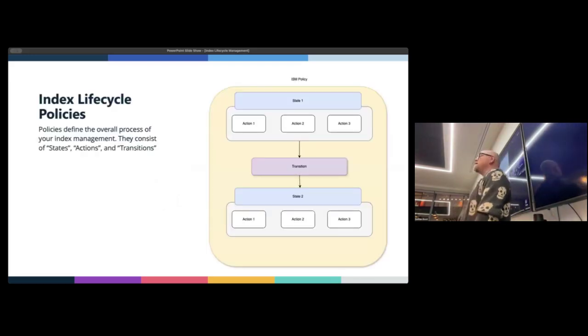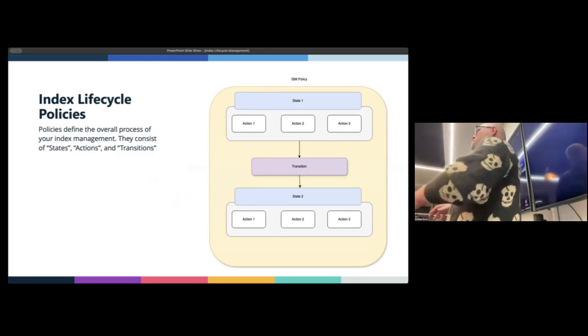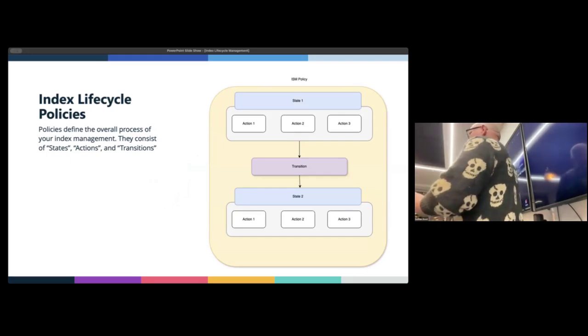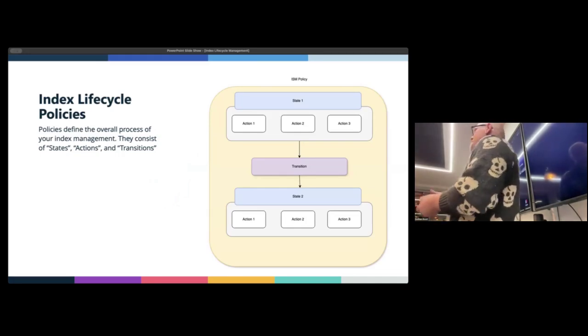So the basic components of an index lifecycle policy, it's built of three things: states, transitions, and actions. They execute pretty much in this order. When you build this policy, you define various states that they exist in. Every state consists of a couple of actions that are performed one after another, with pauses in between that you can define.